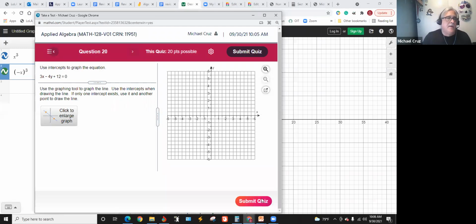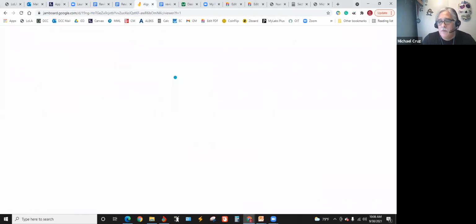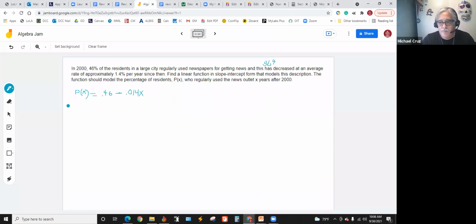All right. Use graph x-intercept, y-intercepts. Well, this is one of those things from 097. I'm going to refresh your memory about it. That's actually what I'm covering now in 097. So 3x minus 4y plus 12 is equal to 0.